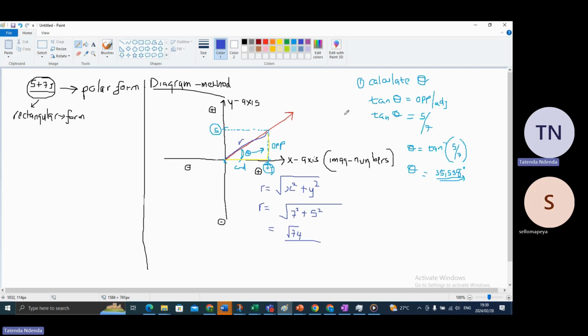But now remember, the main focus of this was not to calculate only these two things, but was actually to change this rectangular form to a polar form.